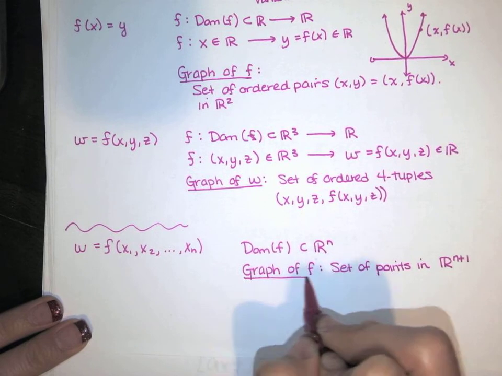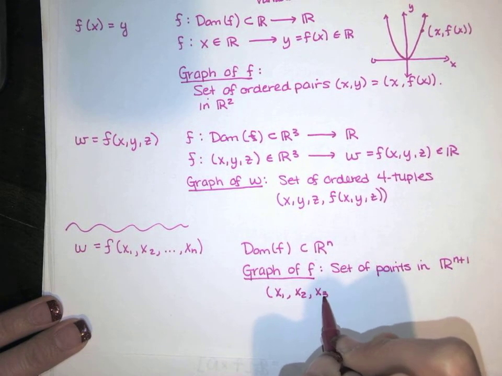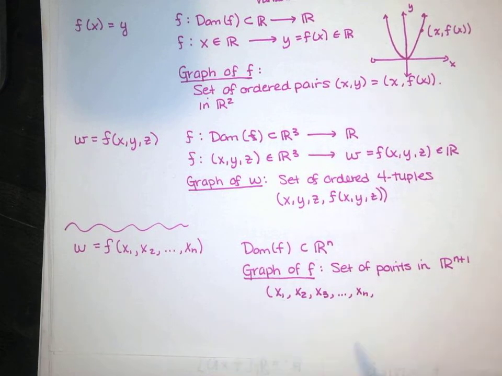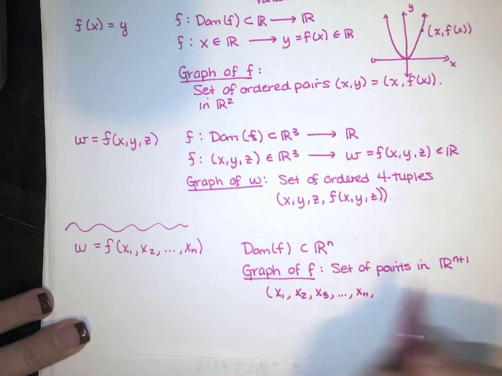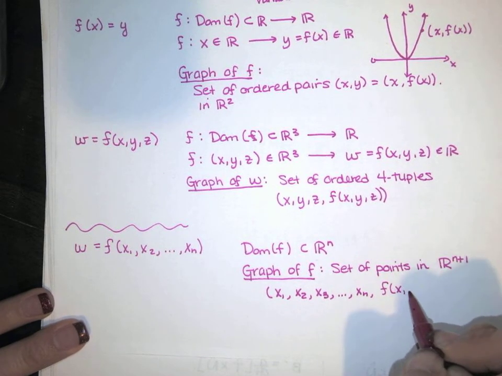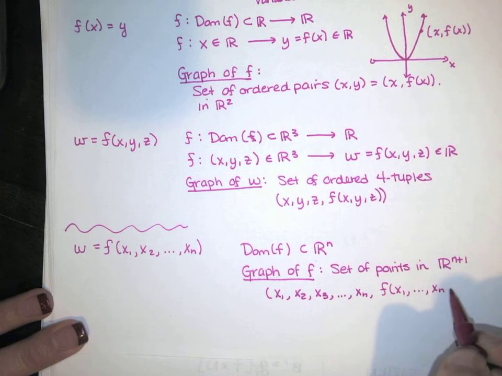Because the graph of f consists of points x sub 1, x sub 2, x sub 3, all the way through x sub n. Those are our first n variables. And then the next one, the n+1th variable, is the dependent variable. It's that w, which is given by f of x sub 1 through x sub n.